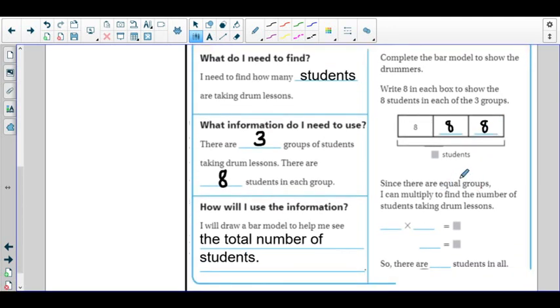So since there are equal groups, I can multiply 3 groups with 8 in each group, which is going to give me 24. So there are 24 students in all. Okay? Very good.